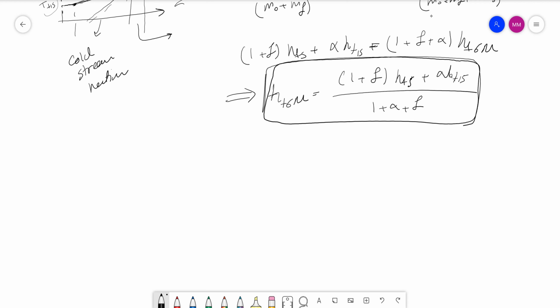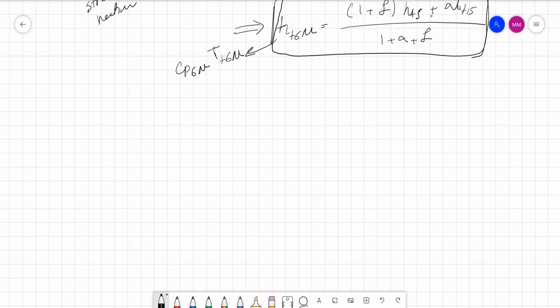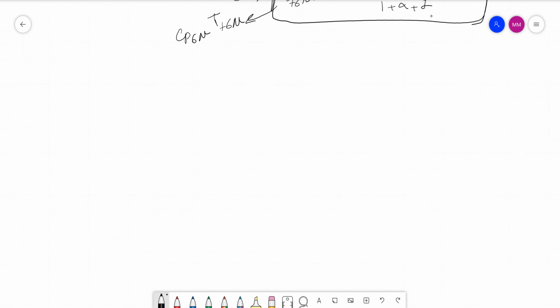Of course, we can find the temperature using this relationship between the total enthalpy and the temperature, and that's going to give you the enthalpy at station 6m. But we still don't know the pressure at station 6m and also the Mach number.